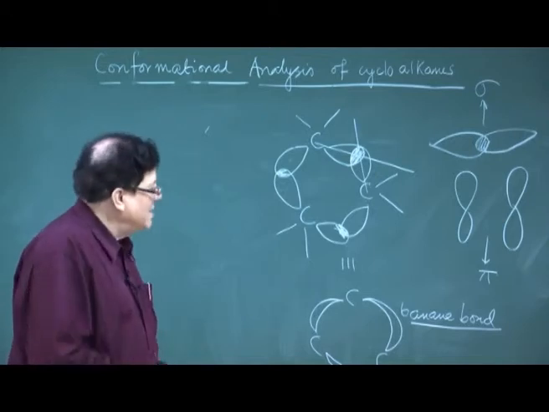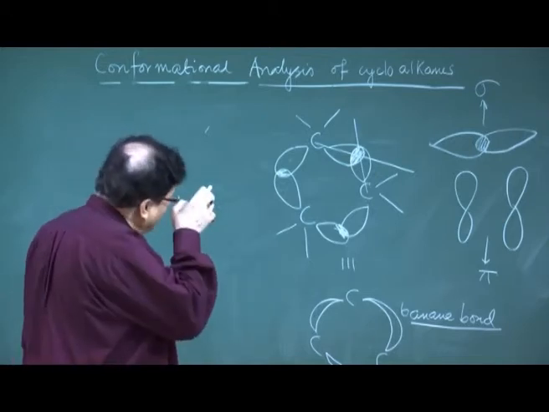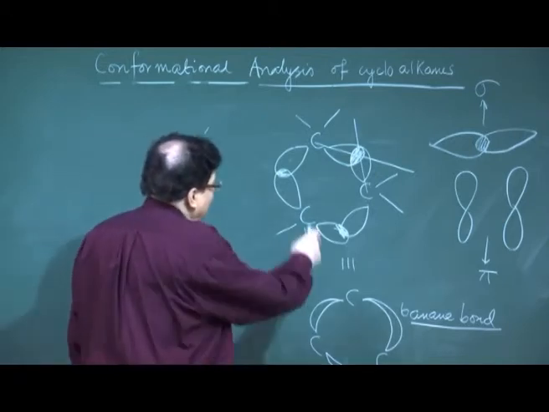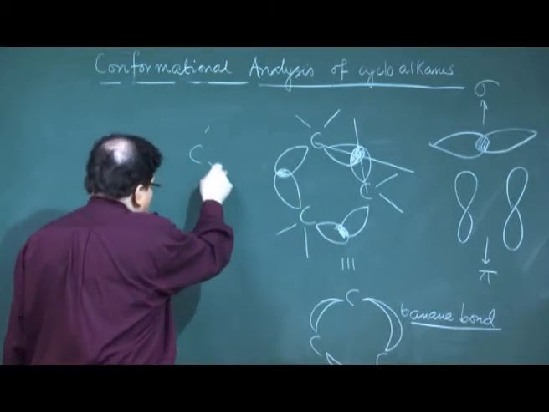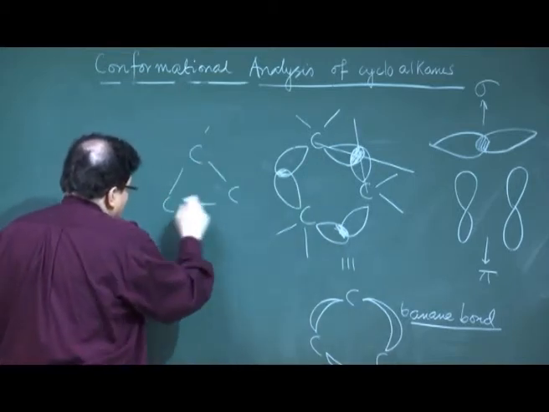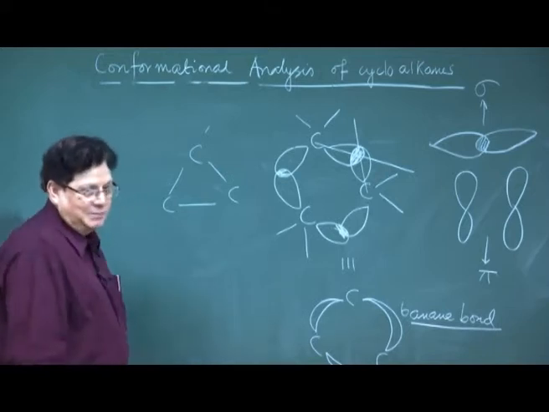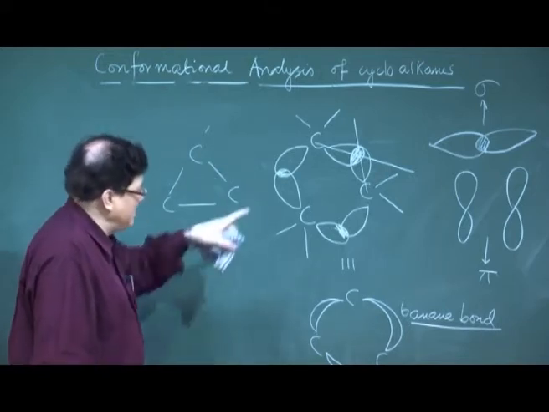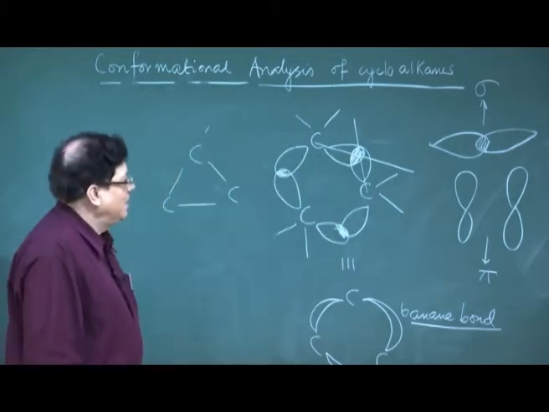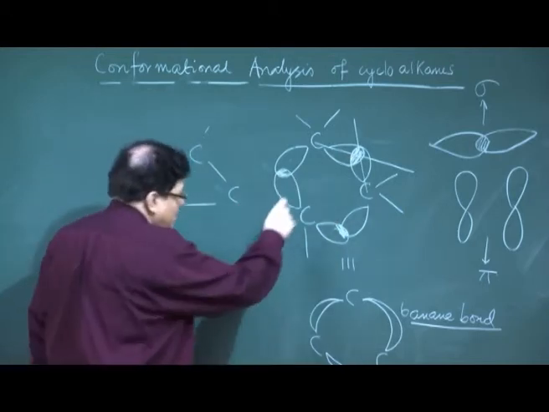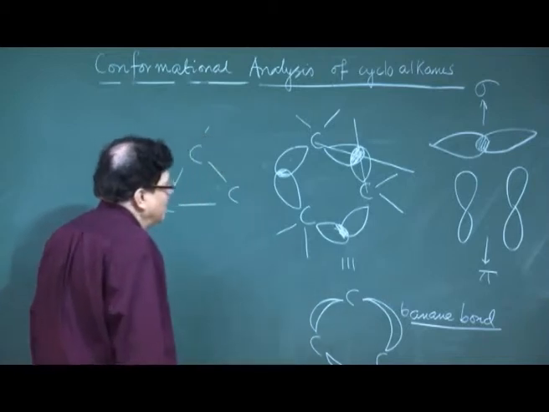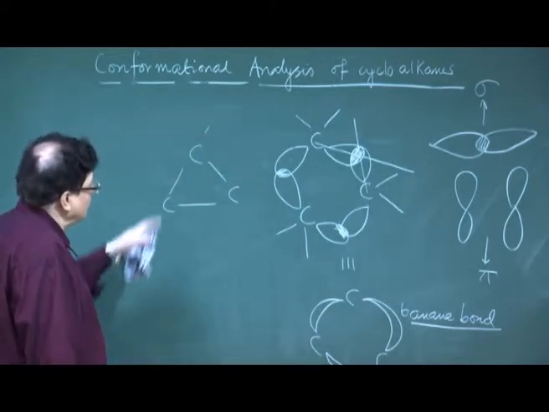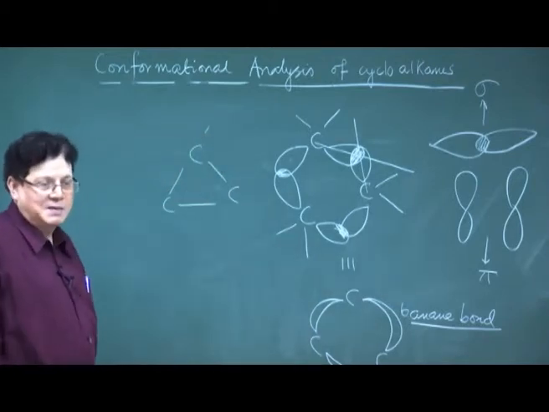And during the calculation, what they found is that for cyclopropane bonds, as per calculation, the strength of the carbon-carbon bond is actually slightly higher than what the overlap predicts.